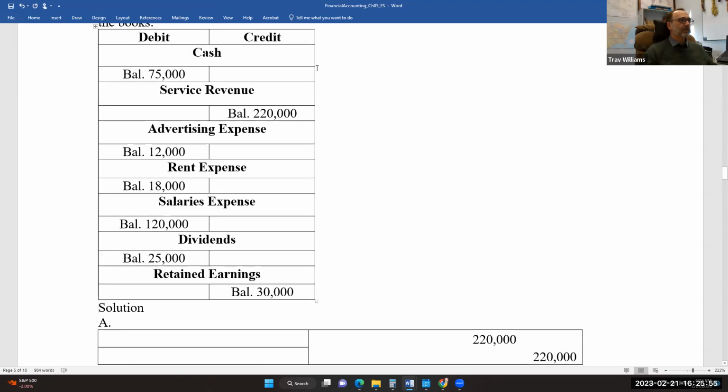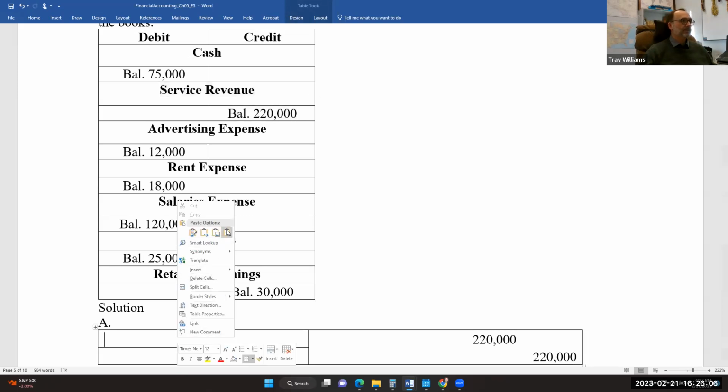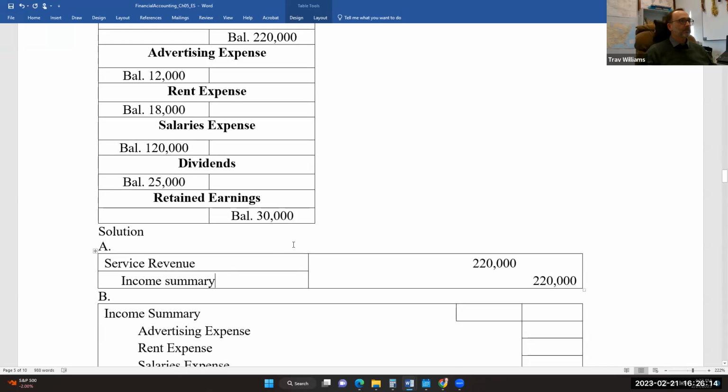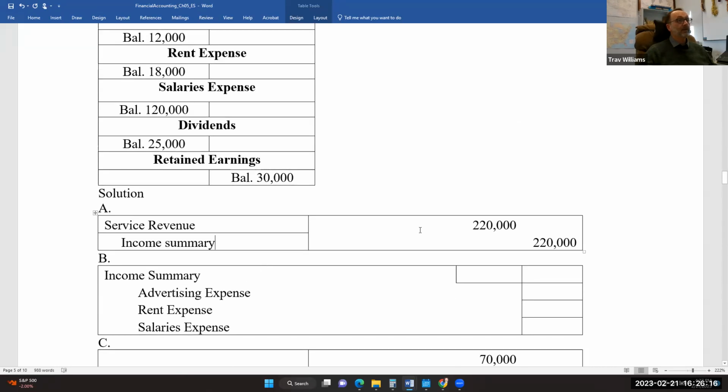What is our first step? Our first step, close out revenue, right? It's got a $220,000 balance on the credit side, so we're going to need to debit it and credit income summary. Step 2, we debit income summary and credit the expense accounts, right?